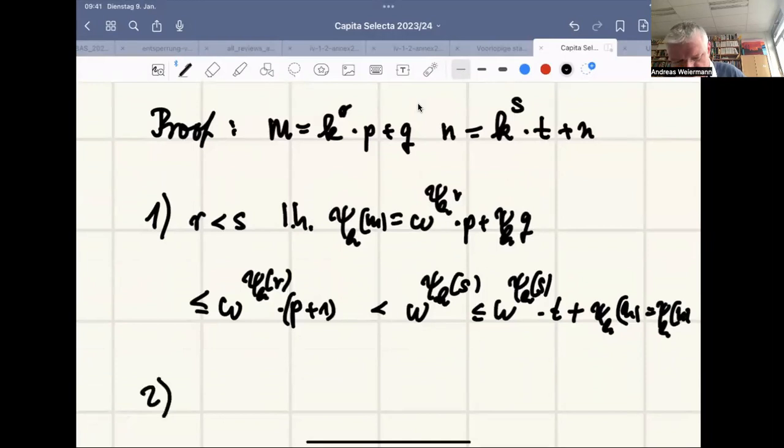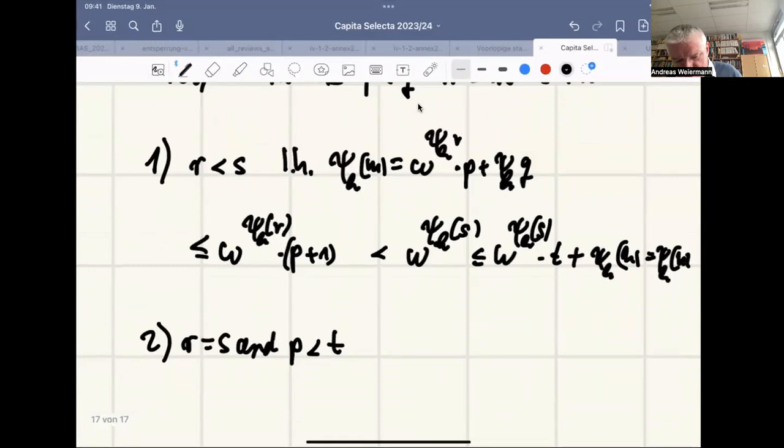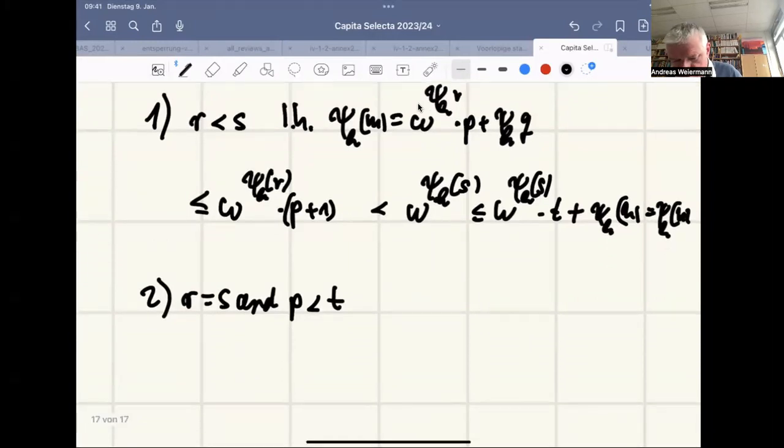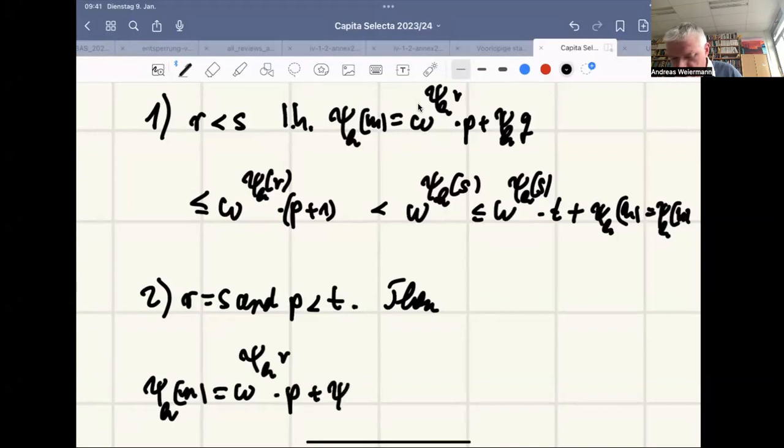Now, the second case is r is equal to s and p is smaller than t. Now, what's going to happen? Then we obtain ck of m, omega to the ck of r times p plus ck of q, smaller than omega to the ck of r times p plus, well, now the induction hypothesis says what?